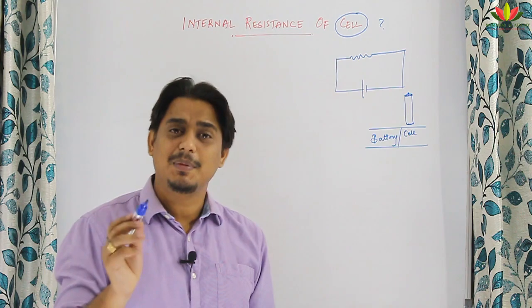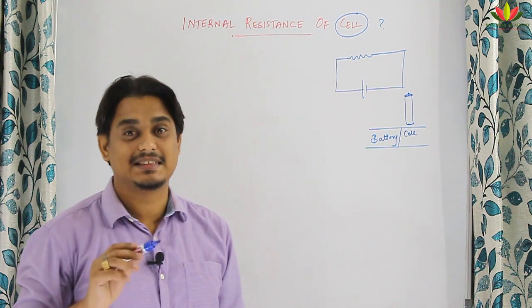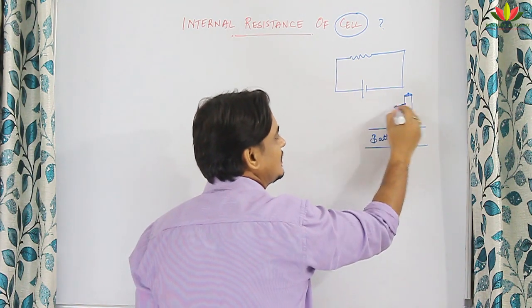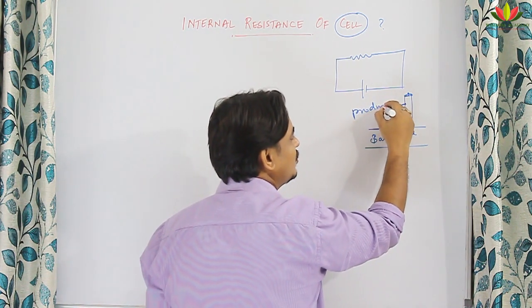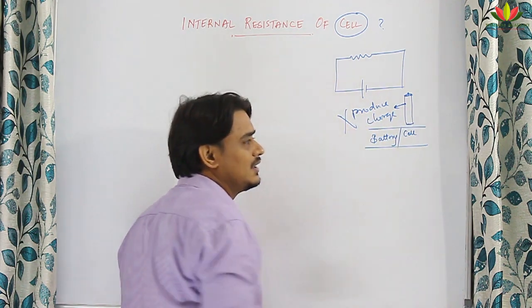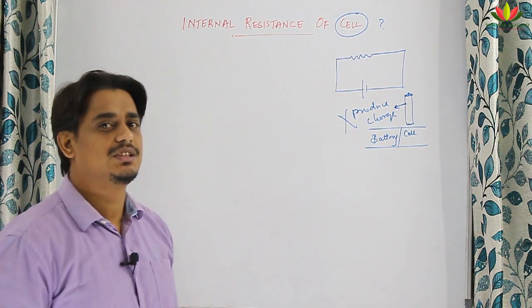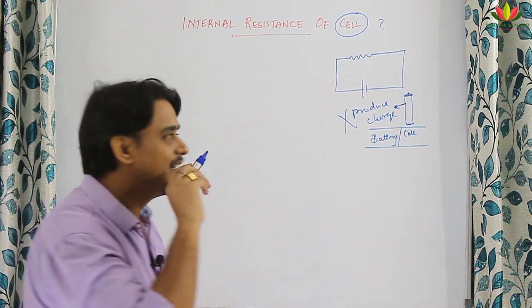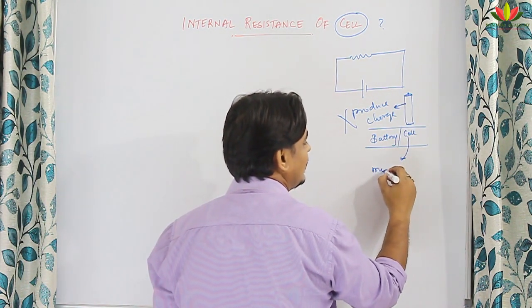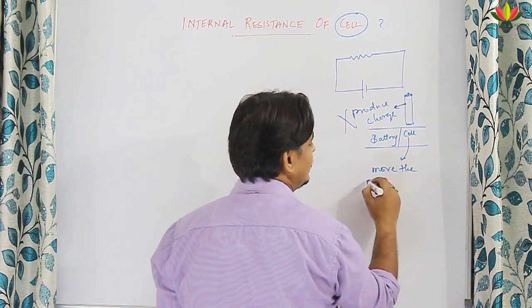Some people think that cells produce charge. This is a wrong thought. Cells never produce charge. What cells will do is they will only move the charge.